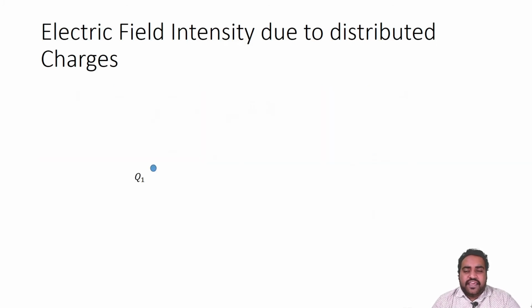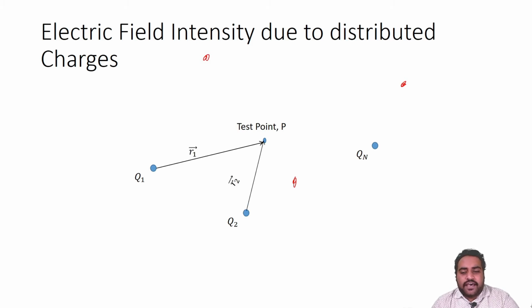Let me show you in this diagram. Q1 is here, Q2 is here, Qn is somewhere here, right? You can also assume any points, Q3 being here, Q4 being here, Q5 being here, what not. Now this is the test point. So this is R1 bar, this is R2 bar. R1 bar is the line joining the first charge to the test point. R2 bar is the line joining the second charge to the test point.